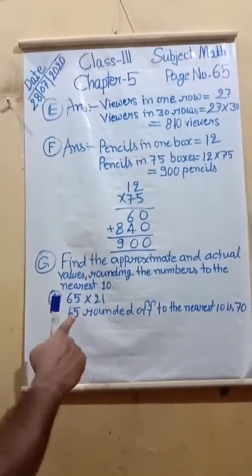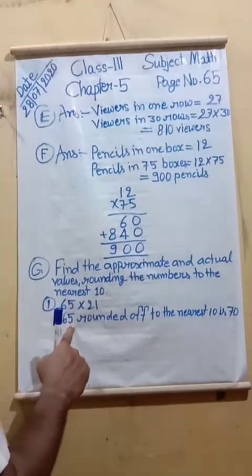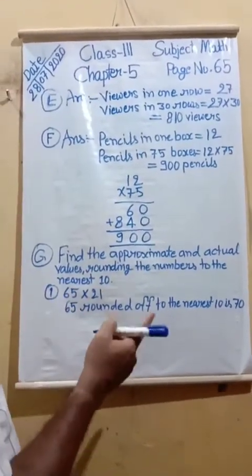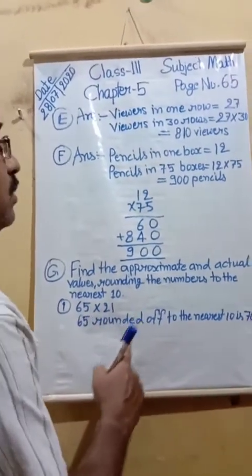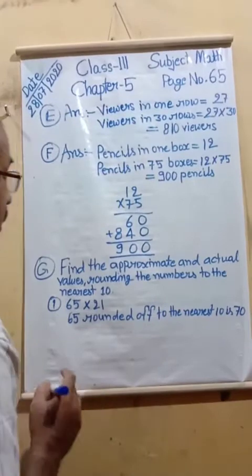Here is 5 and above 5, the value will be 70.